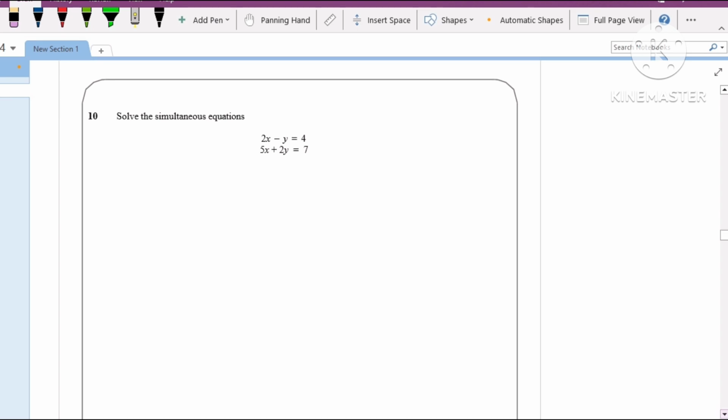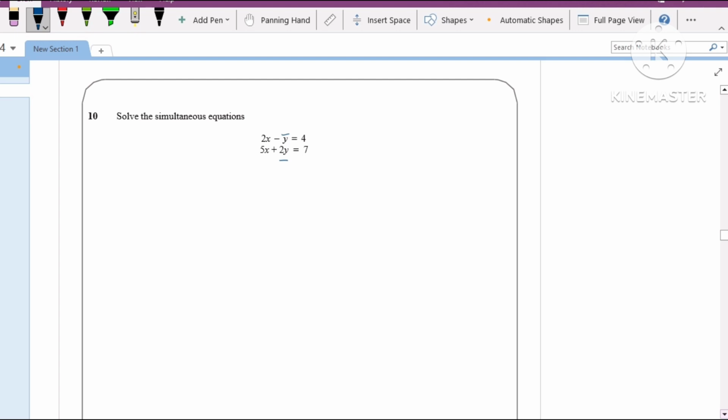We have 2 methods to solve these equations. One is the elimination method, where we have to equate the coefficients of any one of the variables, and the second is the substitution method. I will follow the elimination method here. So here we can see the coefficient of y is 2. Here we can see the coefficient of y is 1.